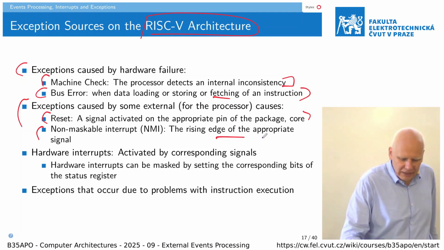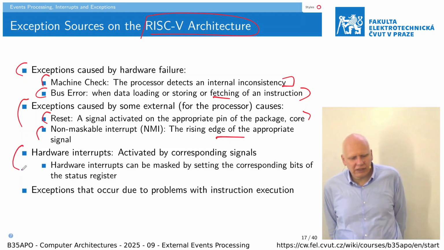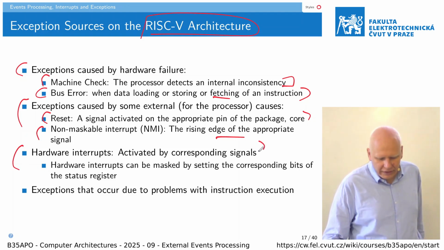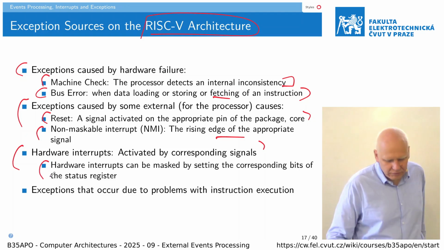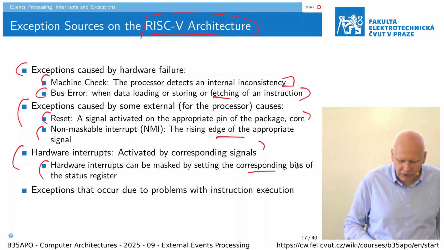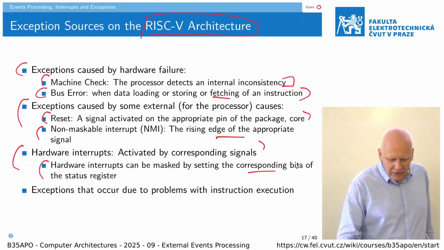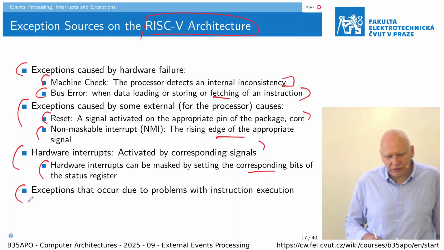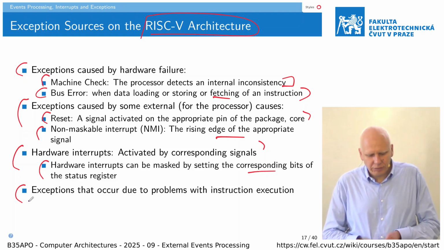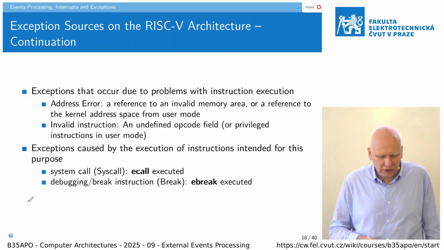Then we have the hardware interrupts, which are activated by the corresponding signal, and hardware interrupts can be masked by setting the corresponding bits of the status register and so on.